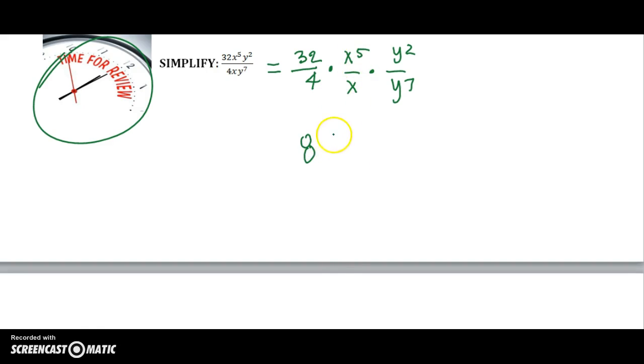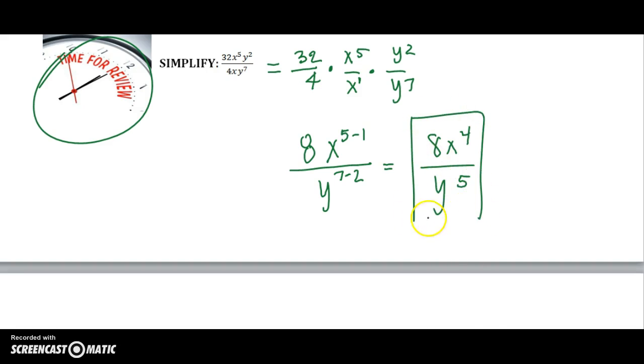We're supposed to keep our exponents positive. So remember, this is x to the 5th minus 1, because that's an understood 1. And then on the denominator, we have y, and we'll bring our 2 down and subtract it to keep our exponent positive. So we have 8x to the 4th over y to the 5th. So I broke it down for you.